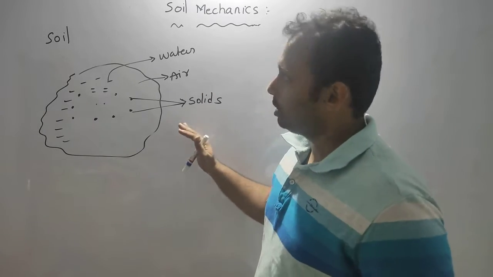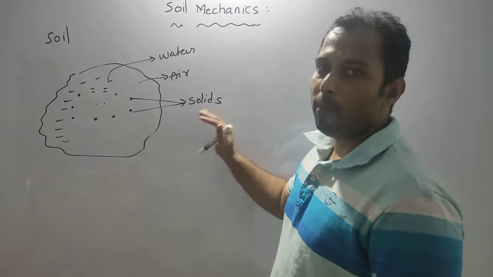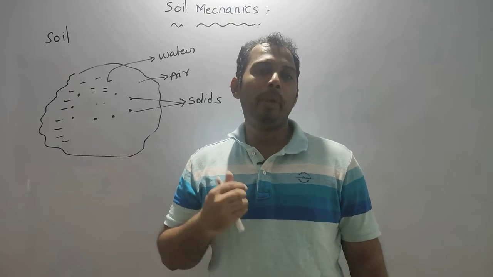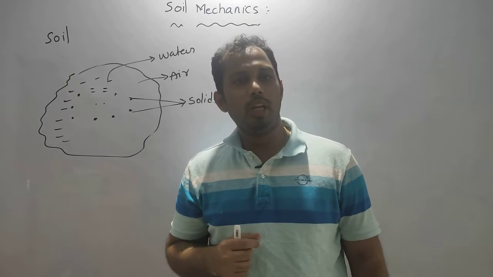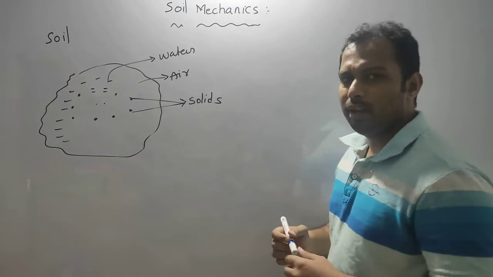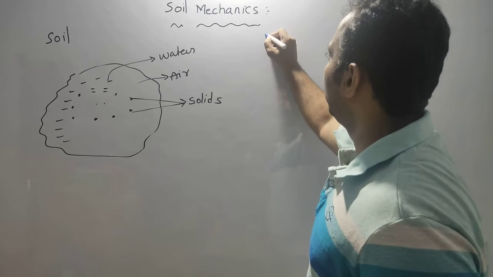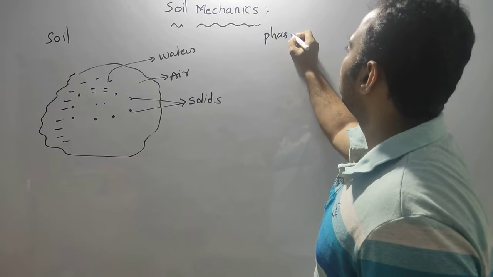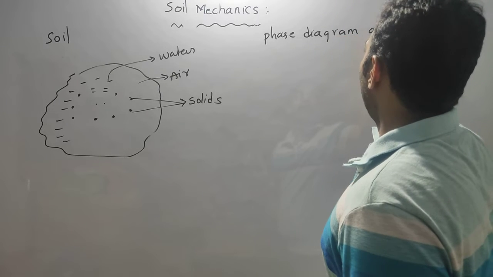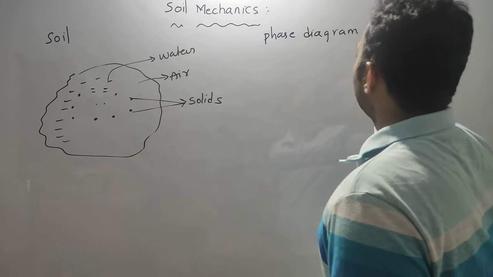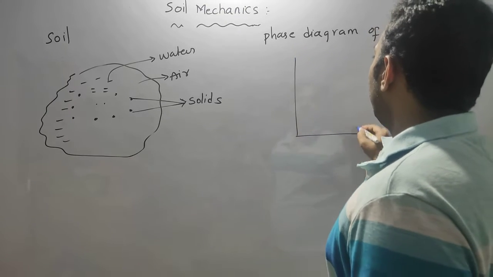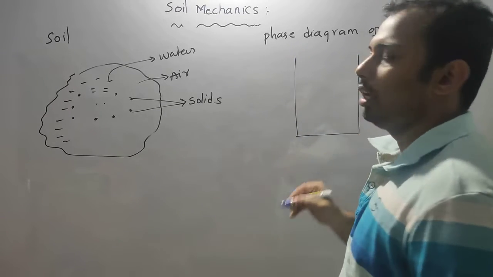So if you want to represent this soil in the form of a phase diagram, for our better understanding, what we generally do is draw them in the form of a phase diagram. Phase diagram of soil is nothing but, for example, I will take a small cylinder. Okay.